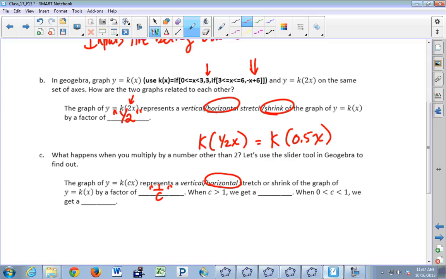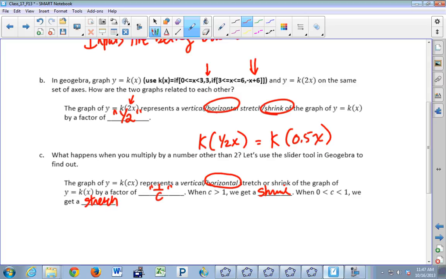So if the number is 2, it's half. It's shrinking by half. If the number's 3, it's shrinking by 1 over 3. If the number's 1/2, it's stretching by 1 divided by 1/2, which is the reciprocal of 1/2, which is double, 2. So when c is greater than 1, we get a shrink. And when c is a fraction, we get a stretch.